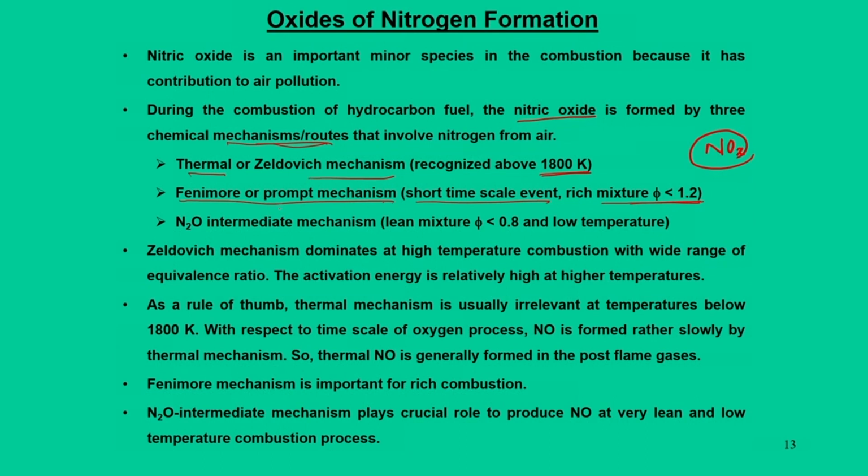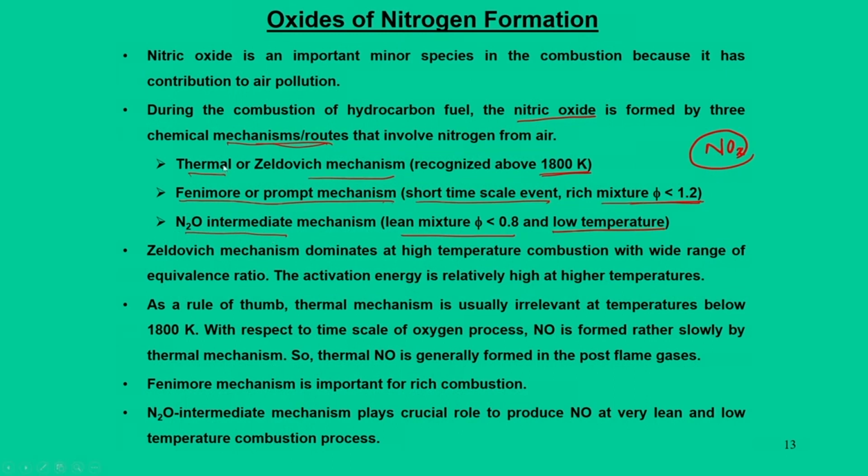So, both the Fenimore or prompt mechanism and the Zeldovich mechanism are sufficient to answer both cases. But there are some situations at low temperatures and during lean mixtures less than 0.5, where if there are NO formations, they call this the N2O intermediate mechanism.